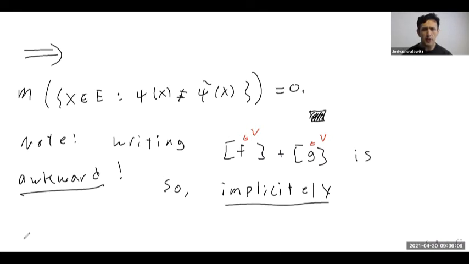Implicitly, what we do is we just say F plus G means this class here, for any extension as we discussed earlier. So even though technically you can't add these two functions pointwise when one is plus infinity or the other one is minus infinity, implicitly, because F and G are real valued almost everywhere, this addition has meaning, and it means this here.